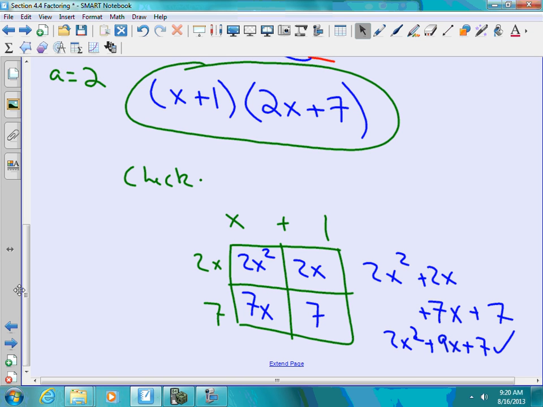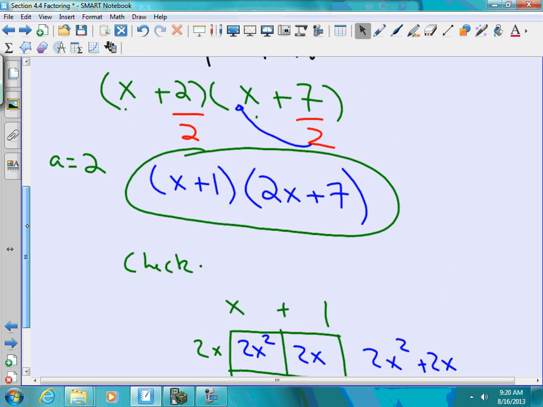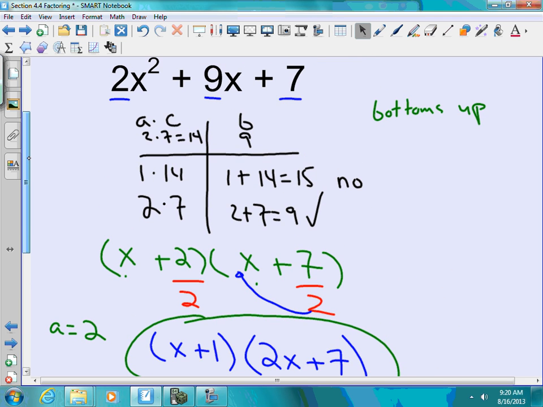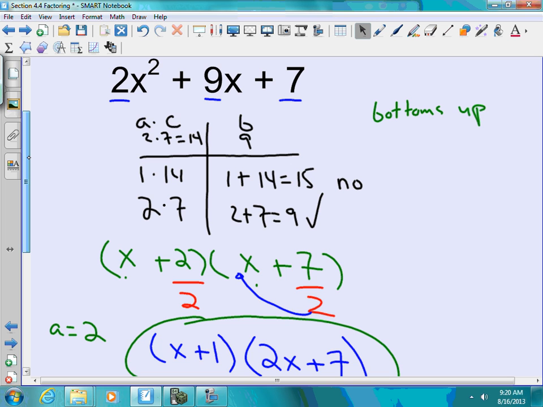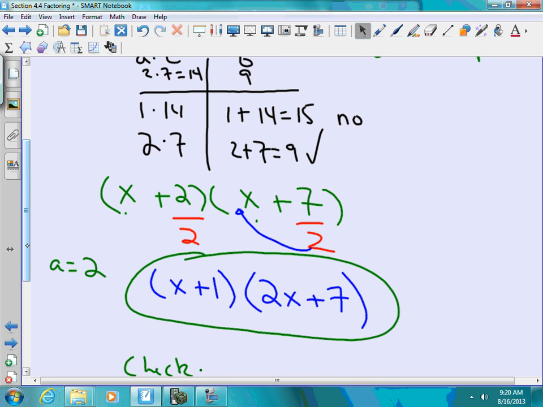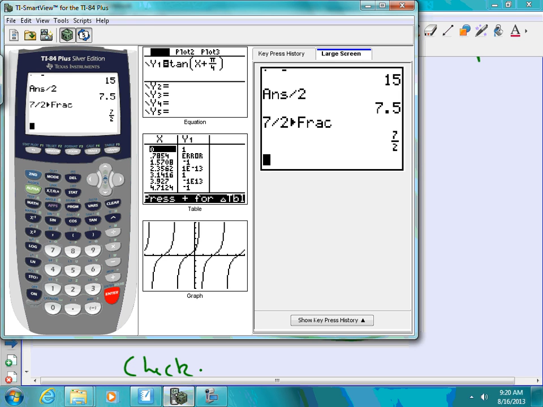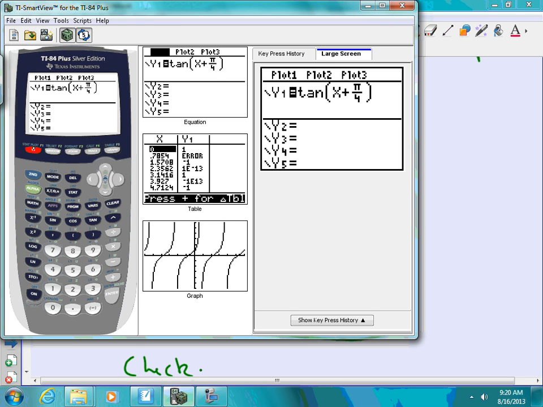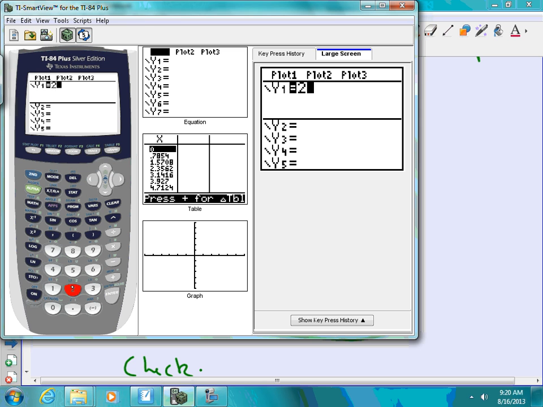We can do it also on our graphing calculator. If you remember yesterday, I told you when you factor these, or FOIL either way, depending on what type of problem you do, you take the starting problem, plug it in y1, and you take what you think is the answer and plug it in y2. If you get the same graph, you're in business. So let's go to y equals. Hopefully everybody wrote down the problem, or both the answer and the problem.